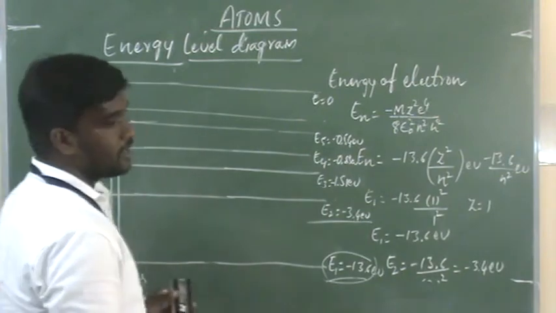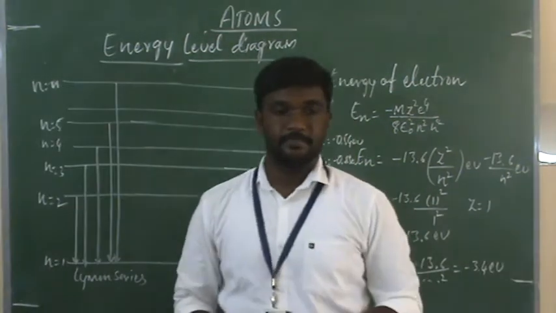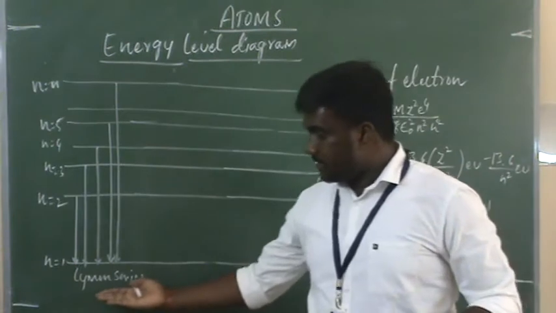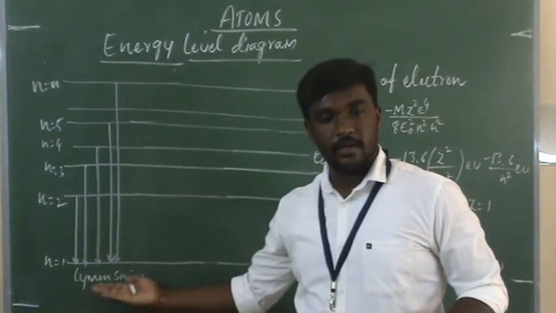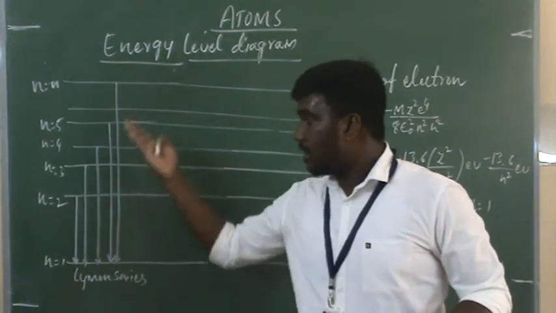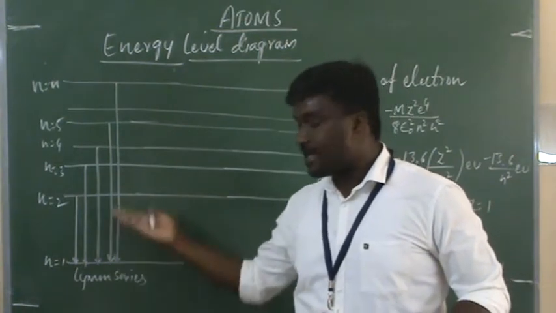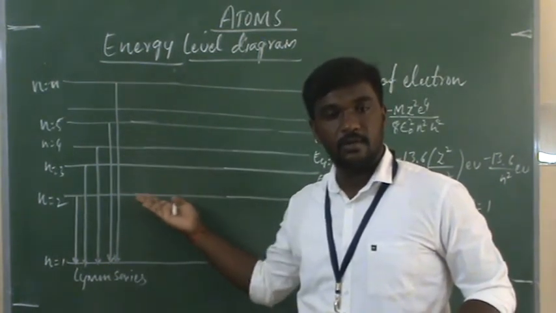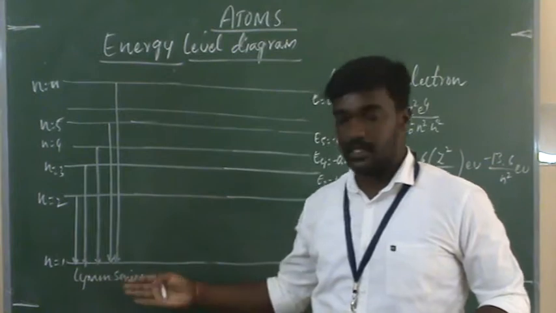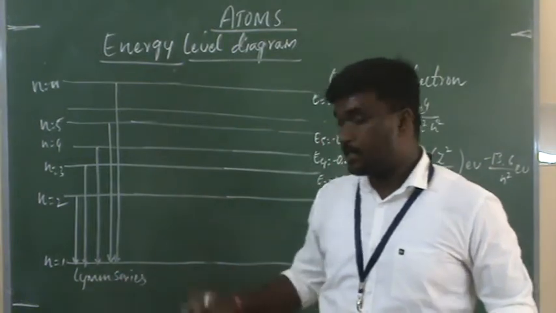In the Lyman series, for the ground state, the first orbit, all spectral lines transition from higher energy to the first state. Okay, that is called the Lyman series.